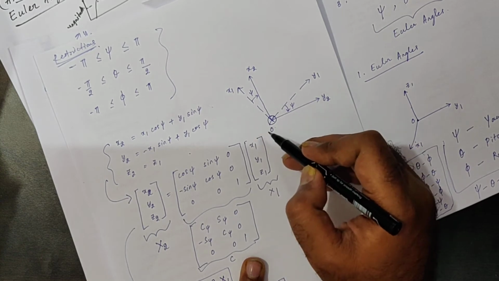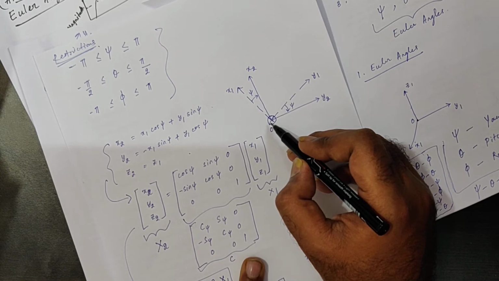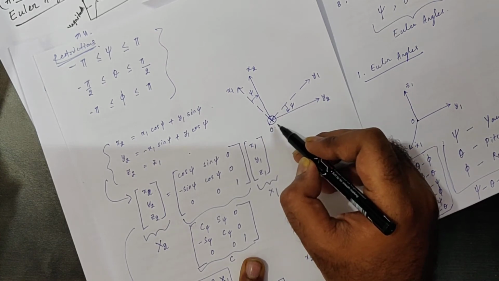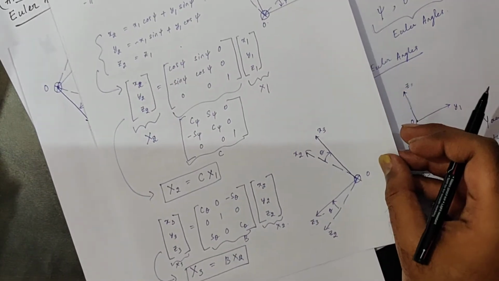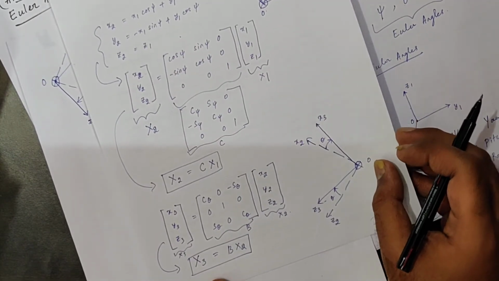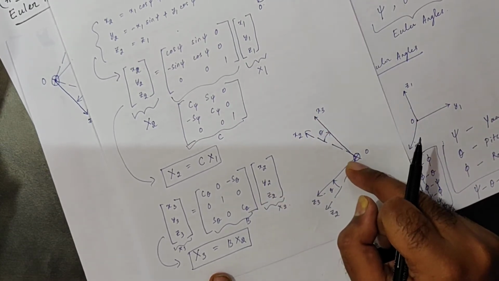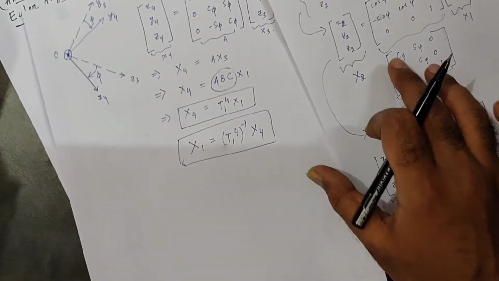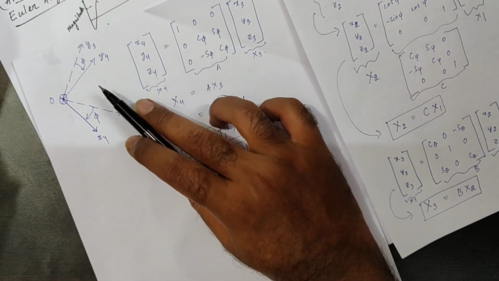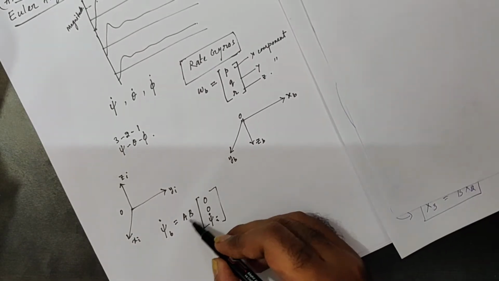It is rotating. So once it is rotating, that vector which is the angular velocity vector needs to be further transformed twice. Once about its theta motion, and once for its phi motion. Okay, that's why we are doing it for B and A.